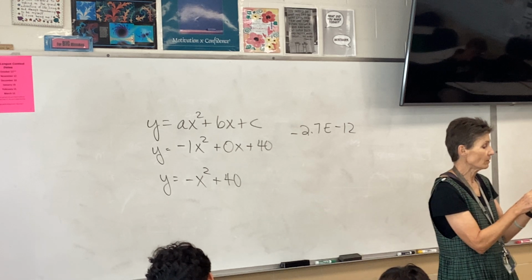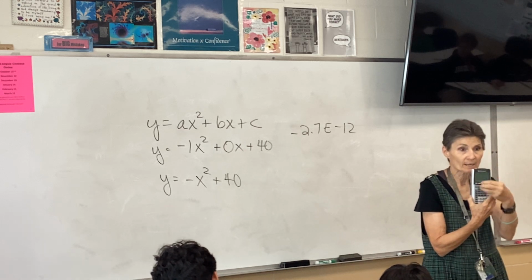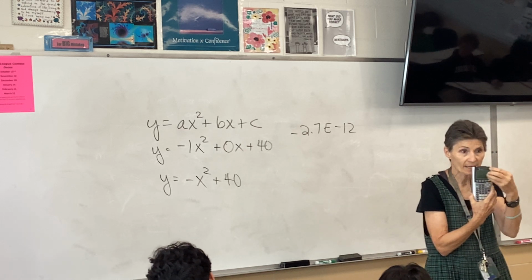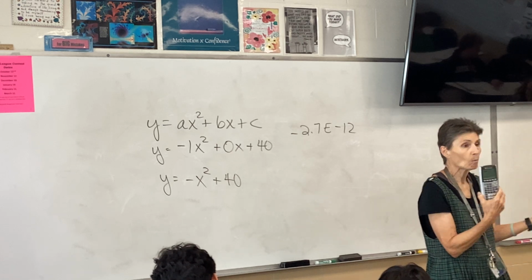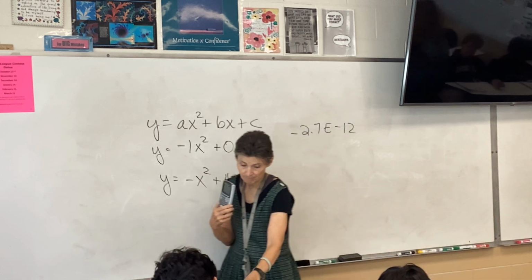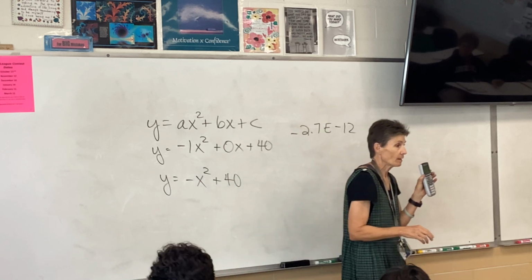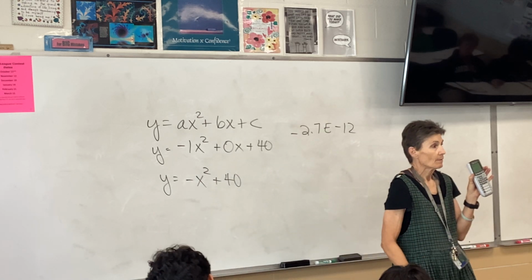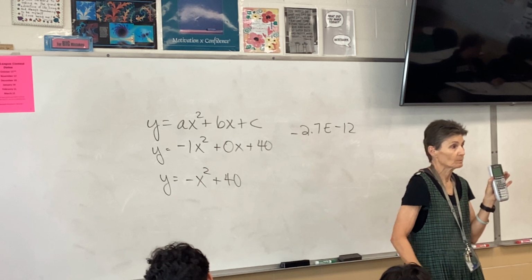Then go over to L1. So L1 has black on it now, it's highlighted, the heading. Hit clear and enter, and that wipes out that column. All right, did everybody get that? If you didn't, when we leave for lunch, I'll help you with that.